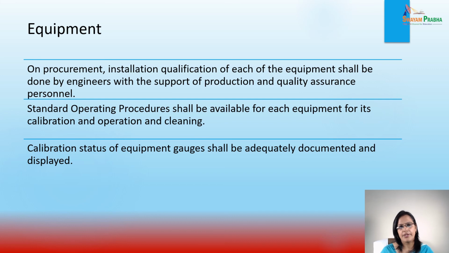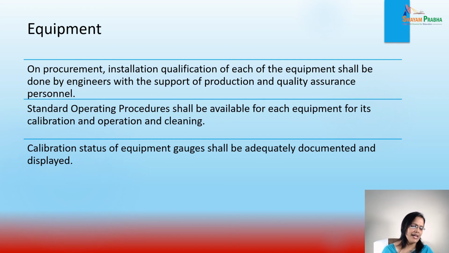This is very important. SOPs, standard operating procedures, should be available for calibration and validation of each and every equipment, and it is fixed which equipment periodically needs validation and calibration, and each operation is documented.